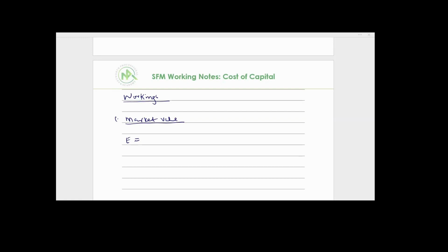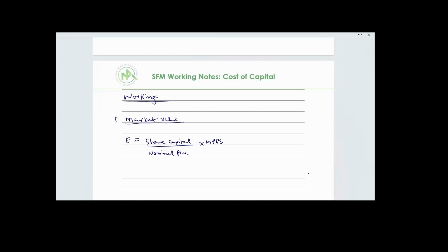So my formula to get the market value of equity will be share capital divided by nominal price, multiplied by market price per share, or you call it ex-div share price.